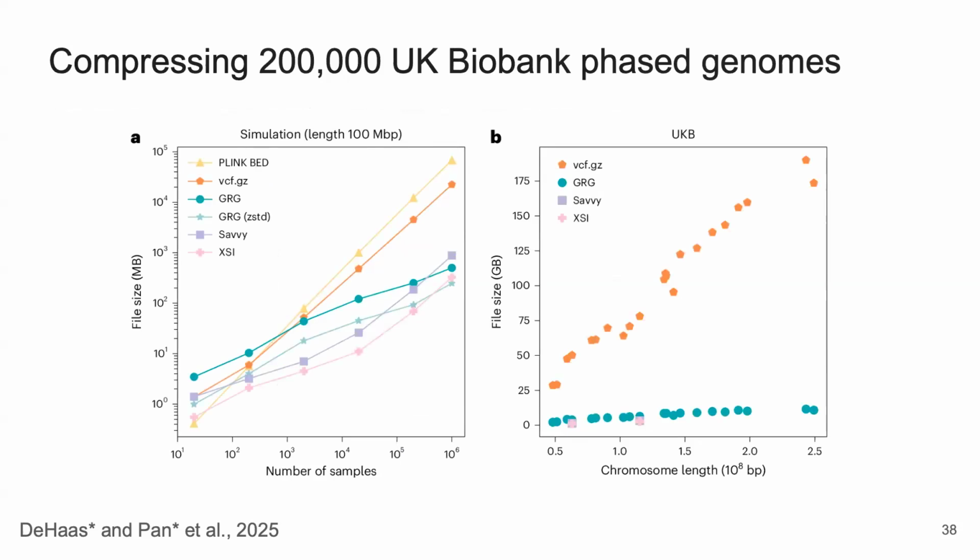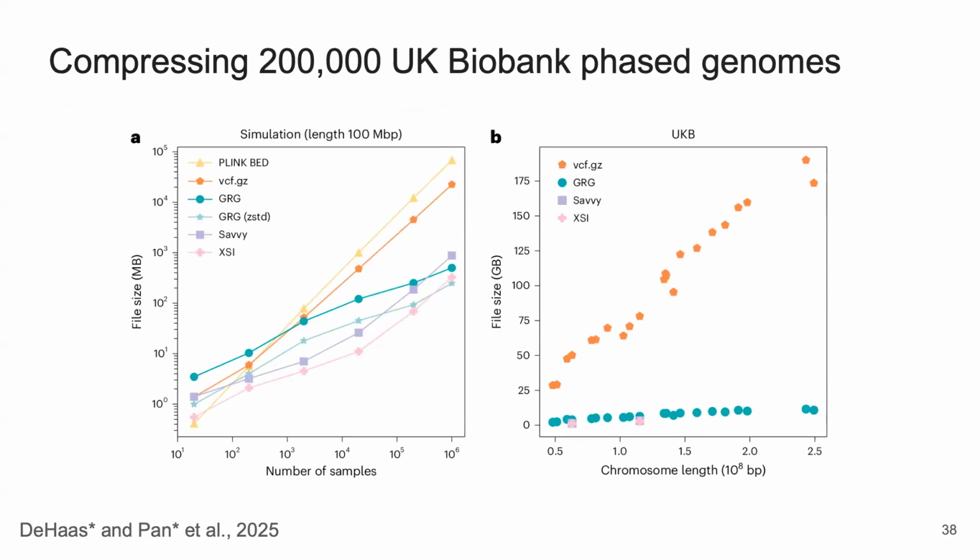So at the beginning of last year, we published our first paper, which included the concept of this graph that we call genotype representation graph, but also some initial results. At that time, our constructed graph was performing about the same as the other more complex compressed genomics methods.